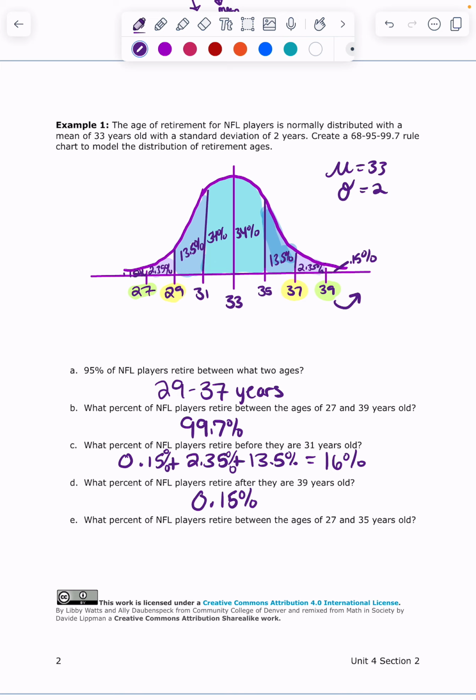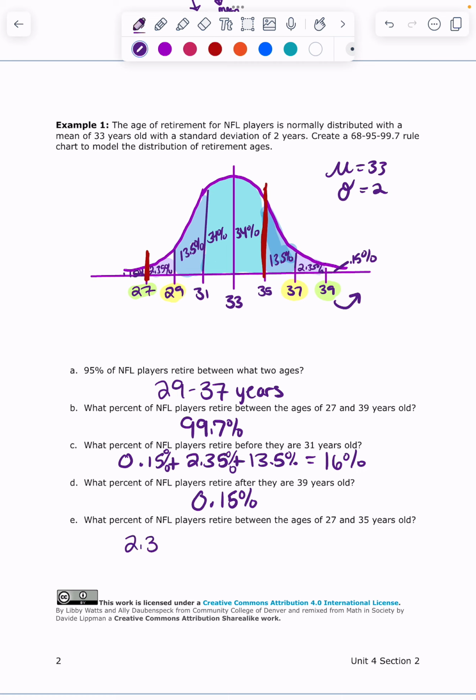And what percent of NFL players retire between 27 and 35? I'm just going to use maybe red to highlight. We're going from 27 to 35. All right, so I'm just going to add those all up.